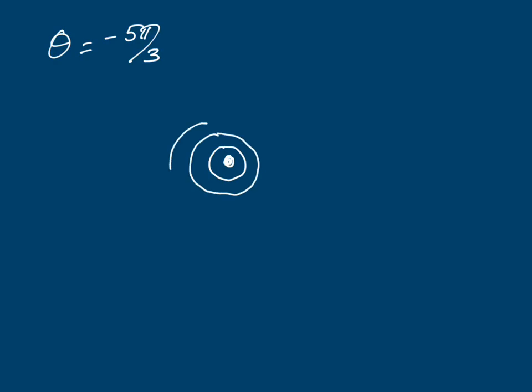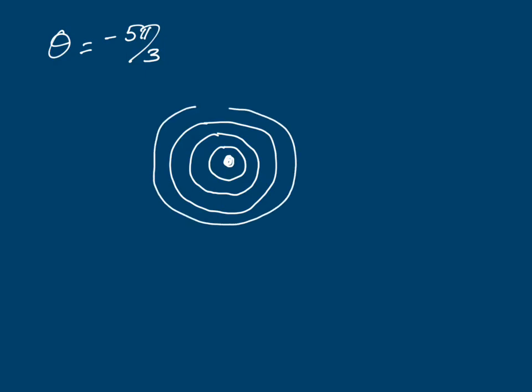Number 7 asks to graph theta equals negative 5 pi over 3. This is just making the angle, every r on the angle of negative 5 pi over 3. So we'll start out making our circle again. There's 1, 2, 3, 4.